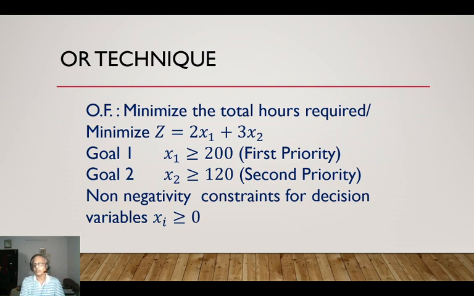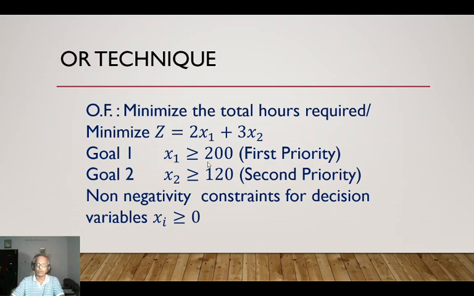Let us solve this problem with the OR technique, operation research linear programming. Here is the objective function. We want the minimum hours required to visit all the clients with goal 1 and goal 2 as the constraints.